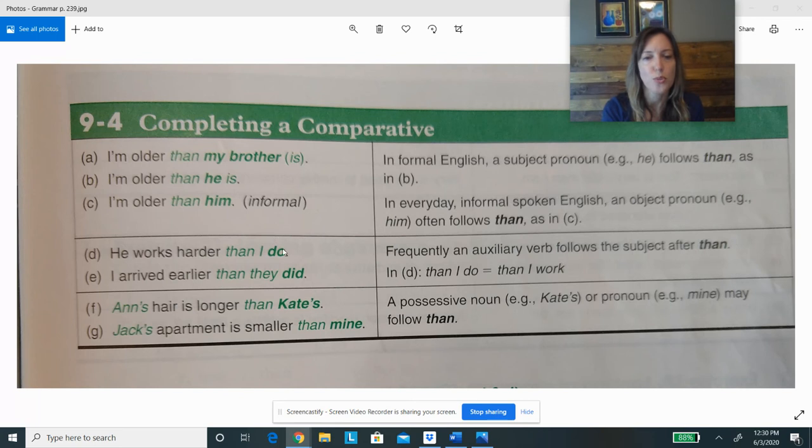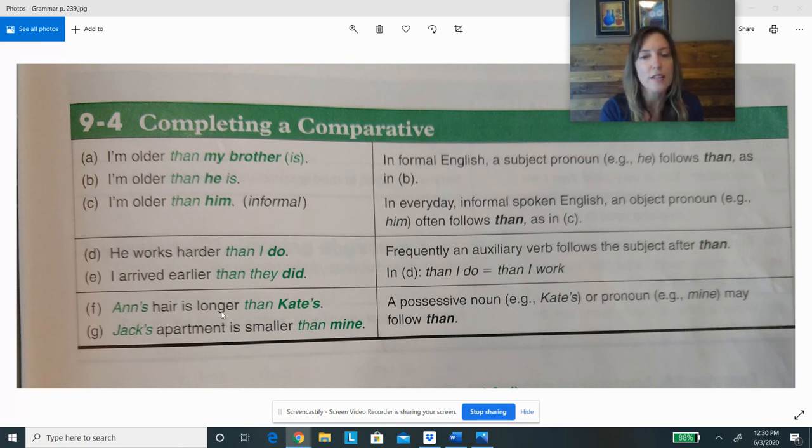Okay, I goes with do. Now this is past tense, so we're going to use the auxiliary, the helping verb that goes with past tense, which is did. Okay, so the rule here says frequently an auxiliary verb follows the subject after then. Okay, so instead of saying he works harder than I work, which is actually okay, people change it to the auxiliary verb.